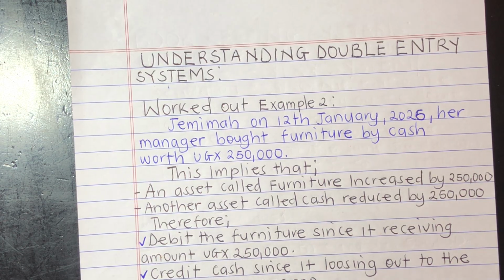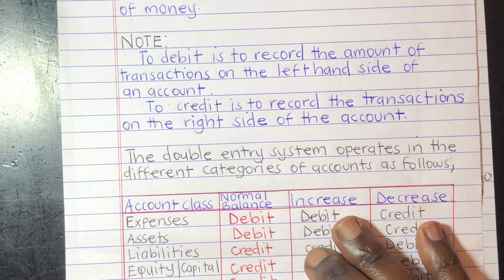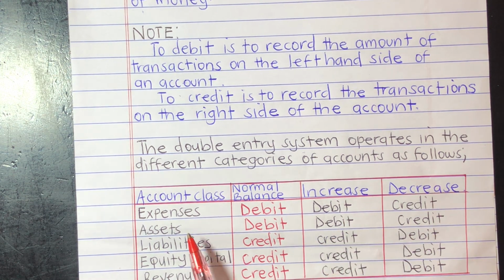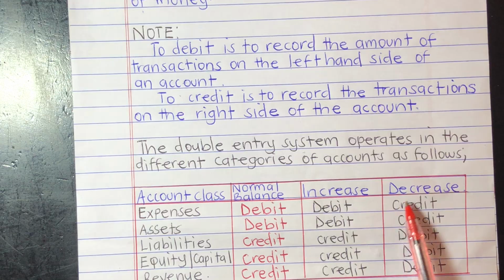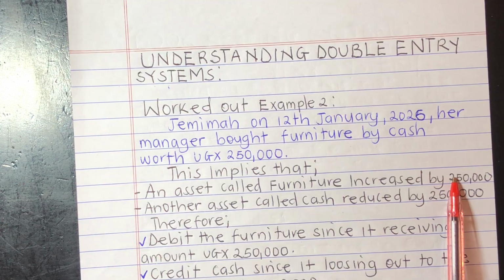Then we say that if an asset increases, we debit it. If an asset reduces or decreases, we credit it. So in this regard, we have two assets here. We had furniture increasing by 250,000.